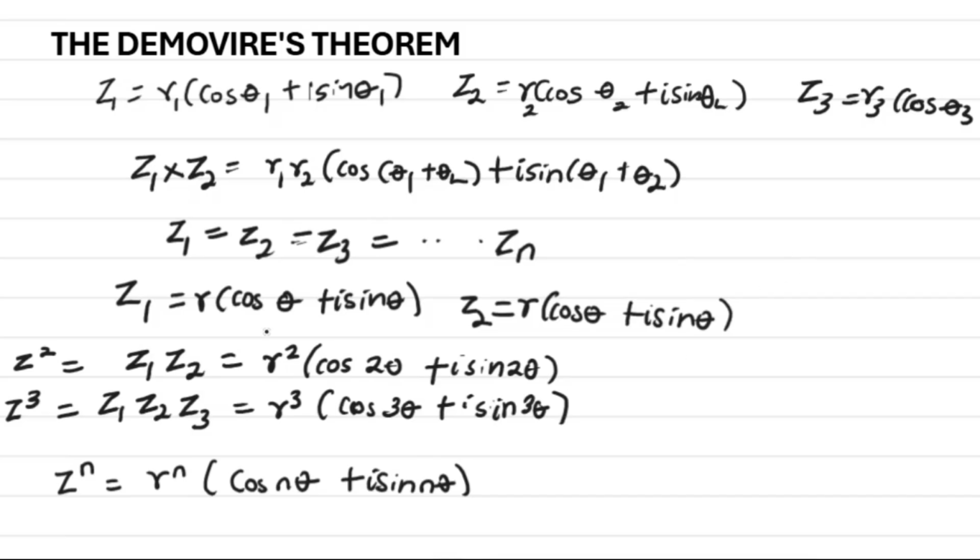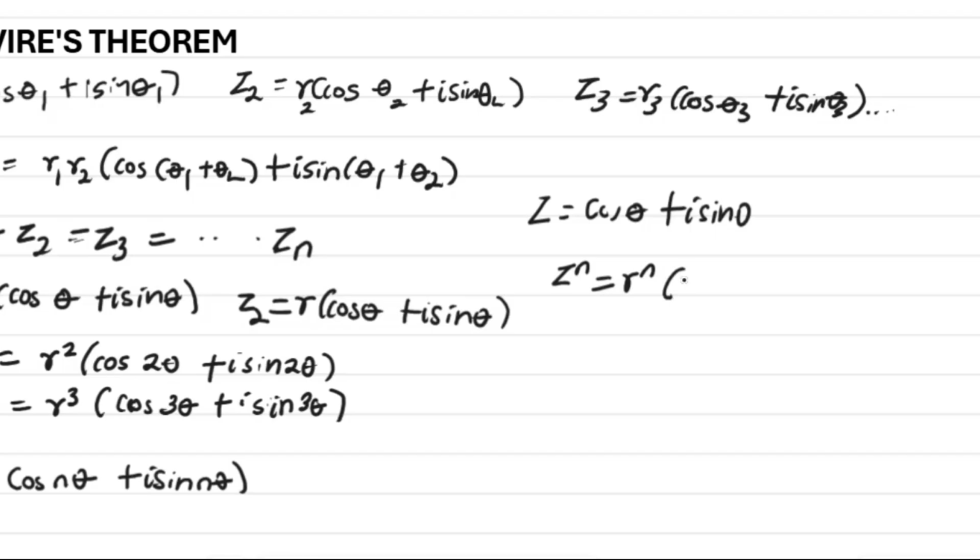Now, don't forget, this z represents the polar form of the complex number, and the polar form of a complex number is z equals r (cos theta plus i sine theta). So since we have z raised to power n equal to r raised to power n into cos n theta plus i sine n theta, instead of writing z, I'll substitute cos theta plus i sine theta.